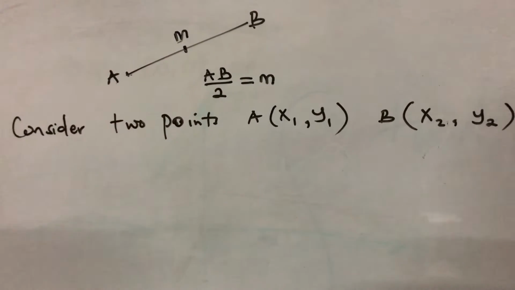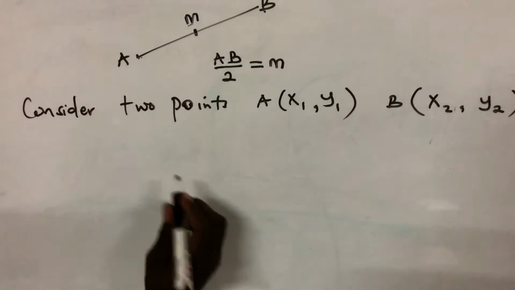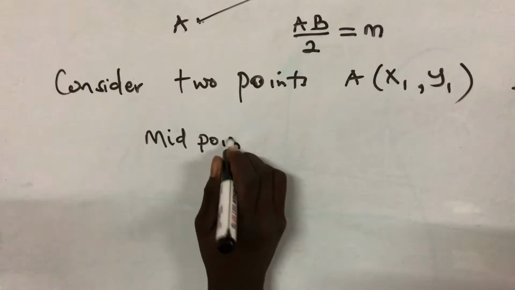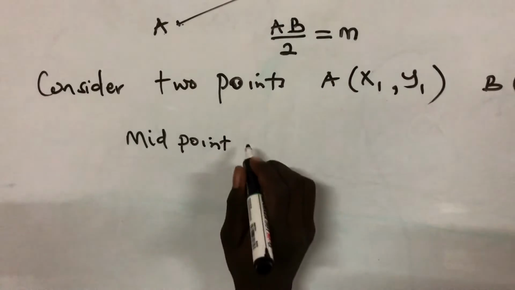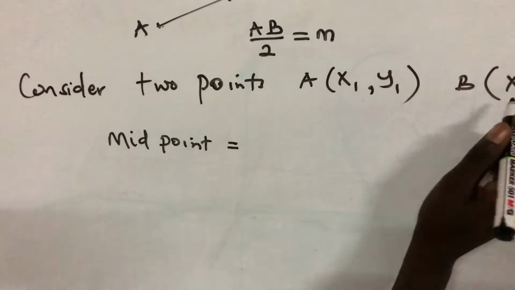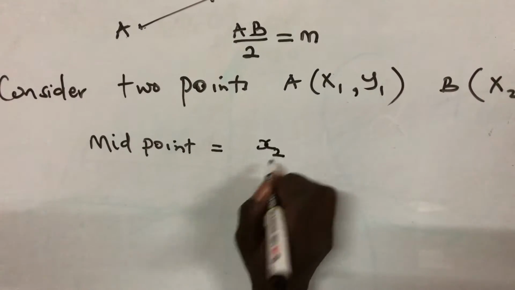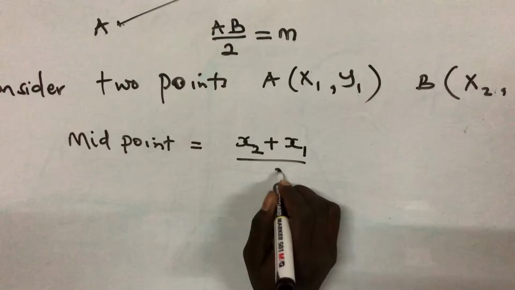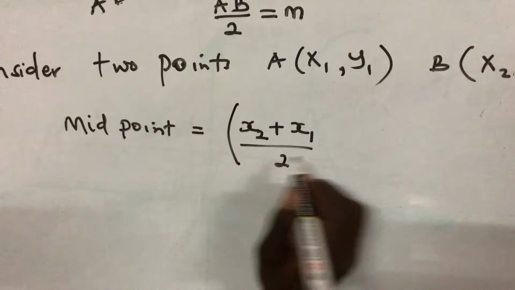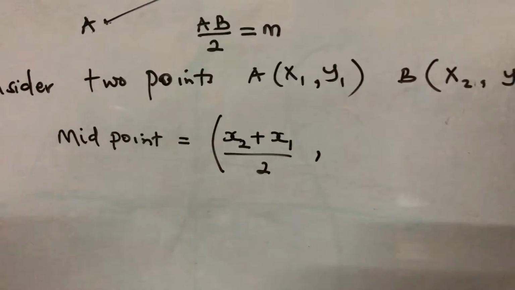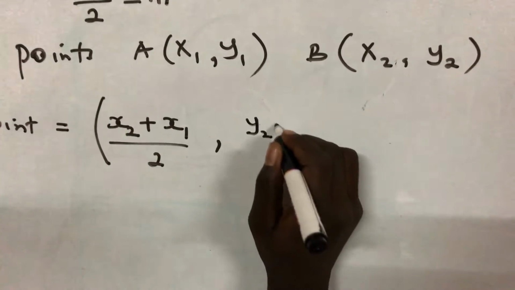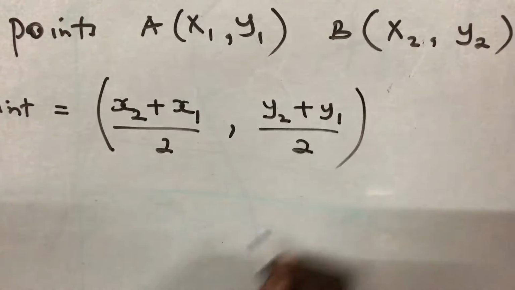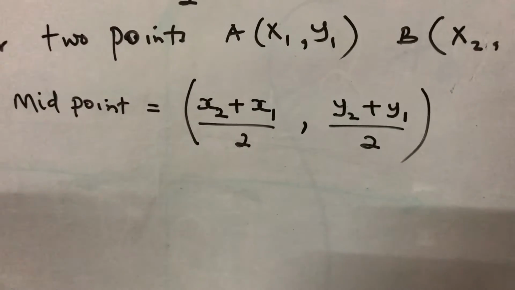To get the midpoint, we shall say our midpoint will be equal to: get the x2, add it to the x1, divide it by 2. This gives you the value of x. Get the y2, add it to the y1, divide it by 2. It gives you the value for y.